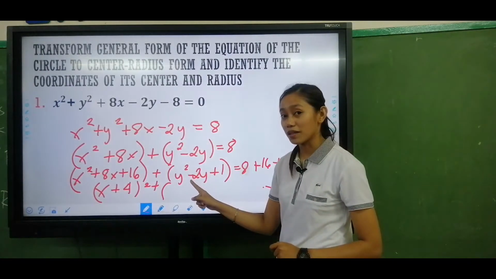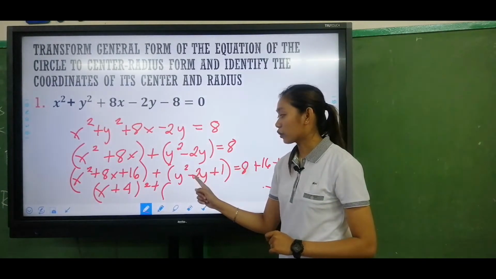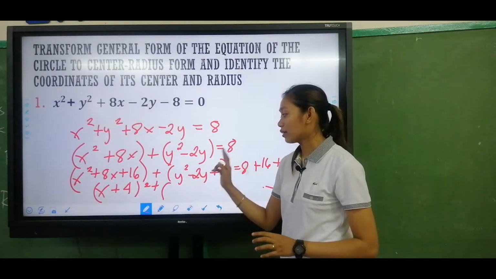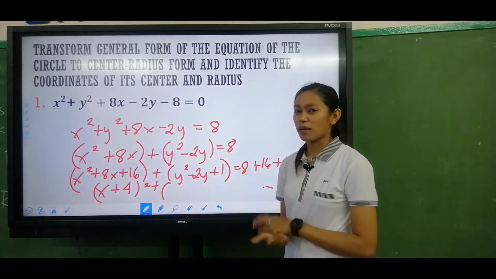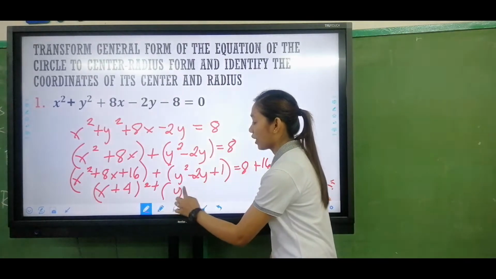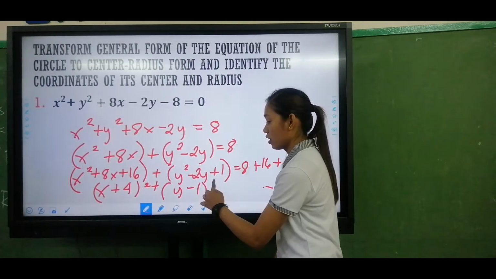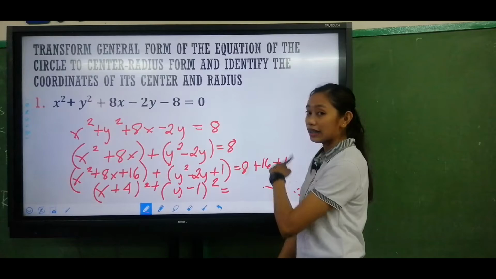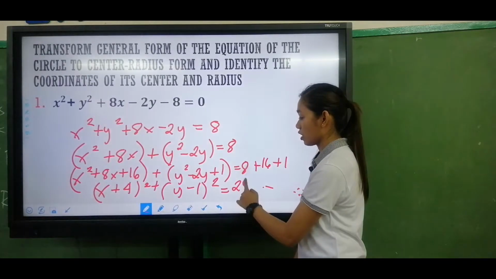Since it is negative, it means our factor is negative. So negative 1, 1 times 1 only. So that will be y minus 1 squared is equal to what we added earlier, this is 25.